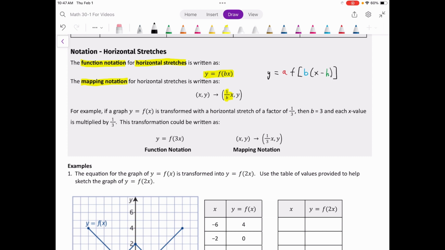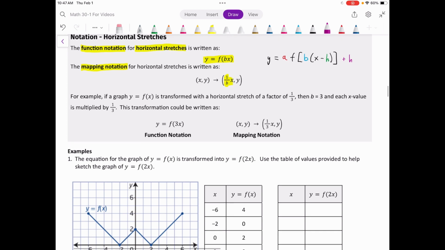So you can see all the horizontal stuff kind of goes inside here with the x's, with the inputs before they even go through the function. And then all the y stuff happens to the entire equation itself. It makes sense because that's what y is equal to, the equation. So to transform y, we need to do operations to the whole equation. For the x stuff, that's the inputs, so we've got to affect them before they're even input, essentially.